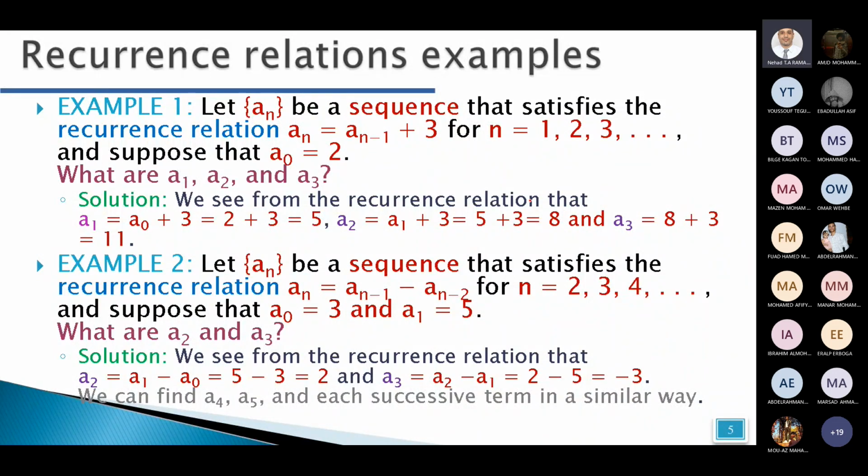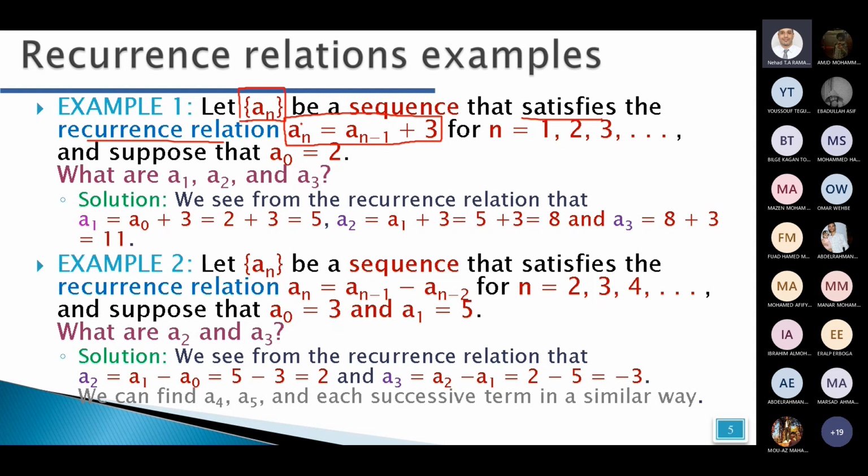Okay, here we have the sequence a n, and this sequence satisfies a recurrence relation, meaning it's a solution for this recurrence relation. The recurrence relation says a n equals a n minus 1 plus 3.